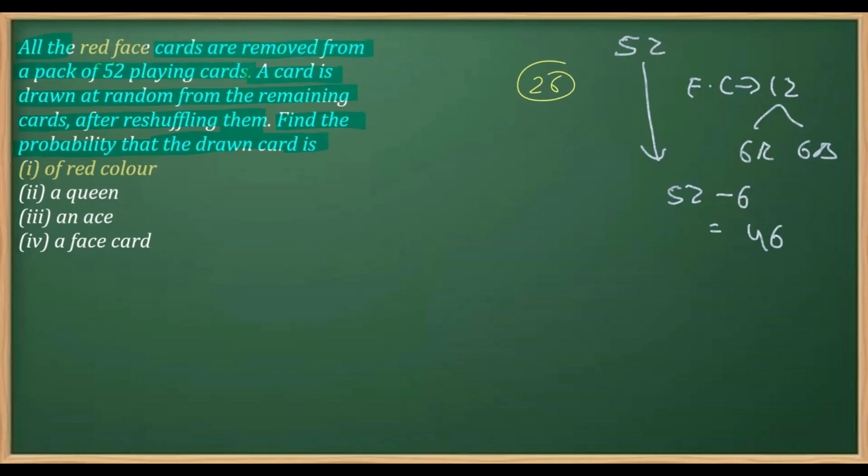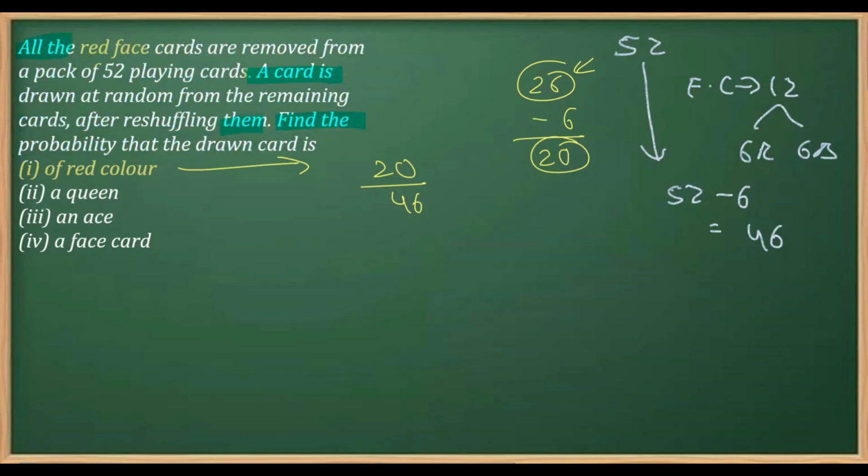So if I remove the red face cards, we have originally 26 red cards, but as you can see that 6 of them are removed, so we are left with how much? 20 red color cards. So the required probability is 20 over 46 and not 20 over 52. As you know, cards are removed, so the total number of cards will also get reduced.